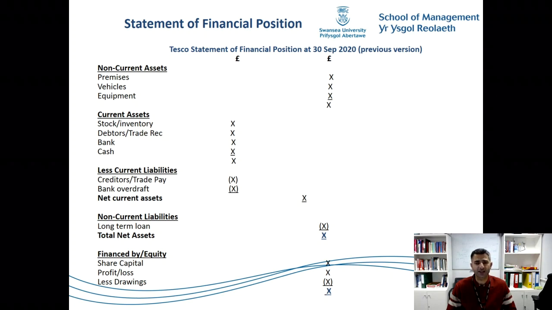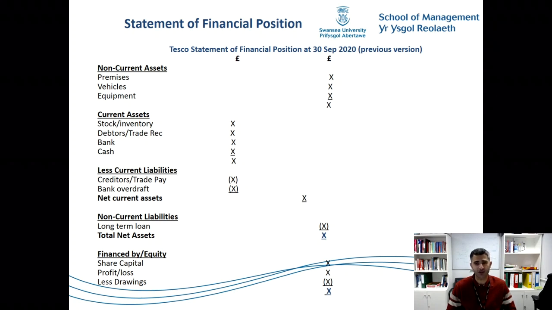Now we have an item called net current assets. Net current assets equal total current assets minus total current liabilities. After this, you need to write the non-current liabilities.